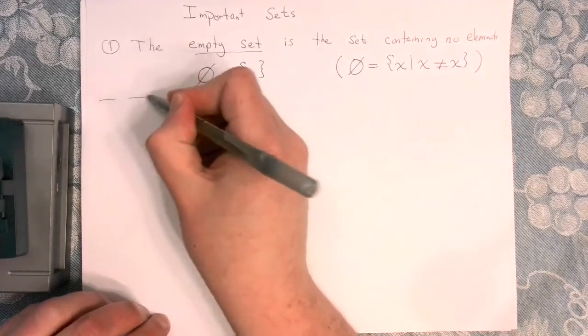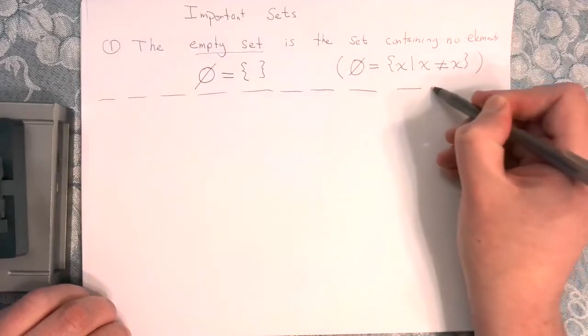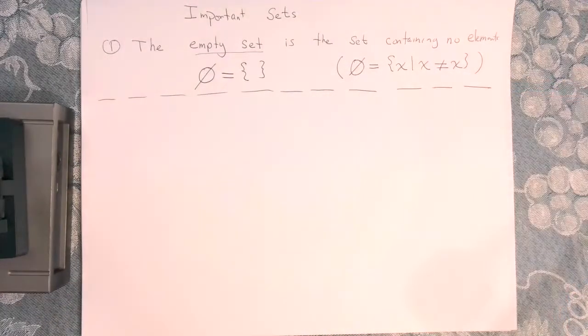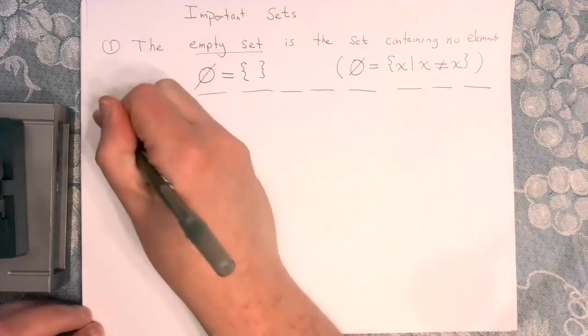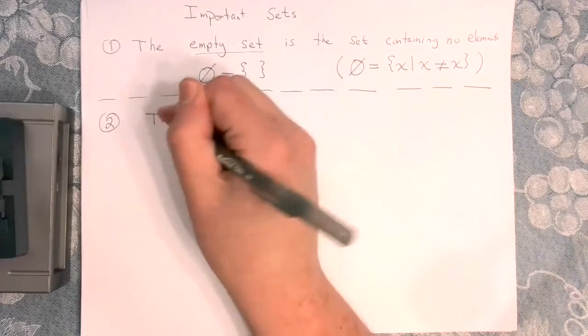I'm going to break this off from the rest of the sets, because really right now what we want to do is talk about classic number sets. And so now we want to talk about the set of all natural numbers.